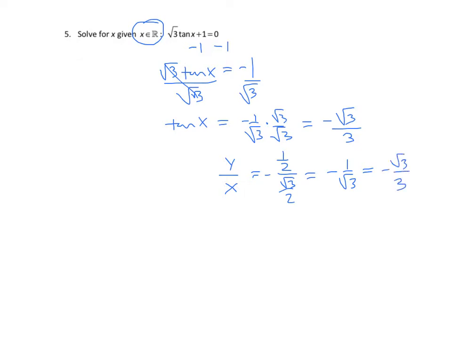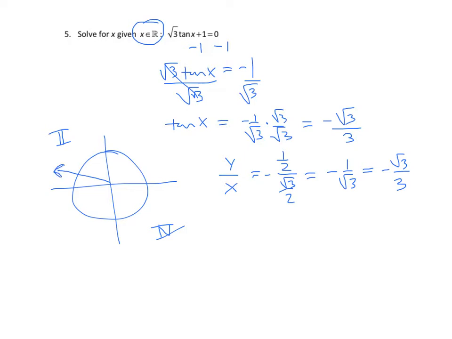So the places on the unit circle that give us a tangent value of negative root 3 over 3. First of all, tangent is negative in quadrants 2 and 4. So we're not looking in quadrants 1 or 3 because they're positive tangent values. And the places where we have a y value of 1/2 and an x of radical 3 over 2 are the pi over 6's.